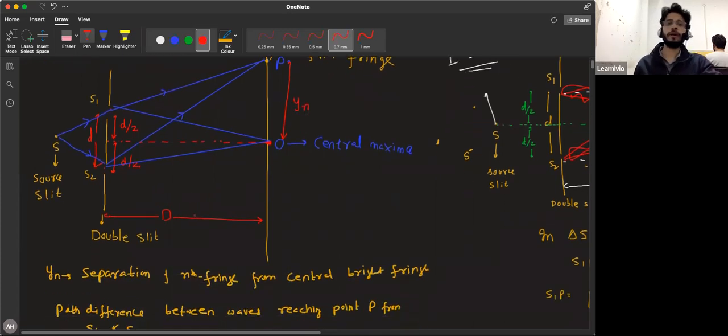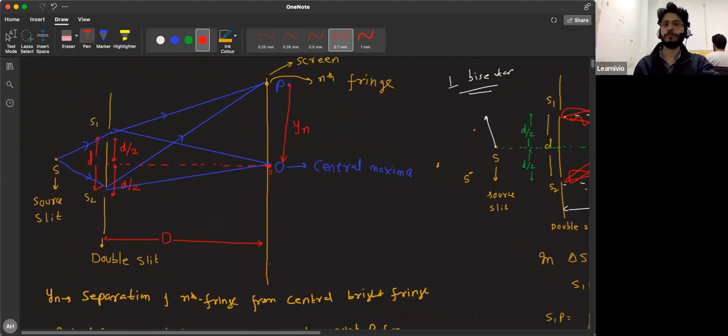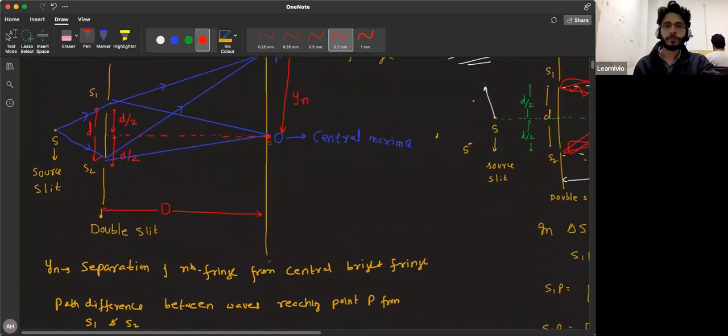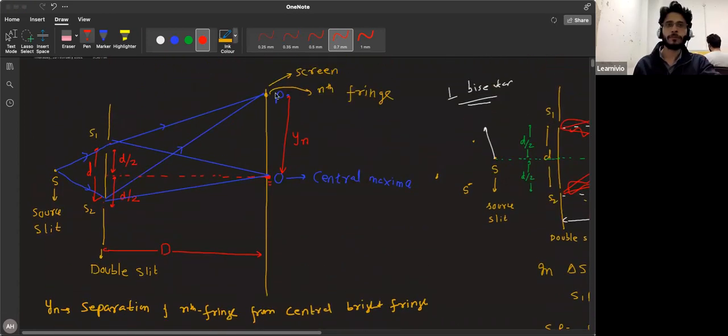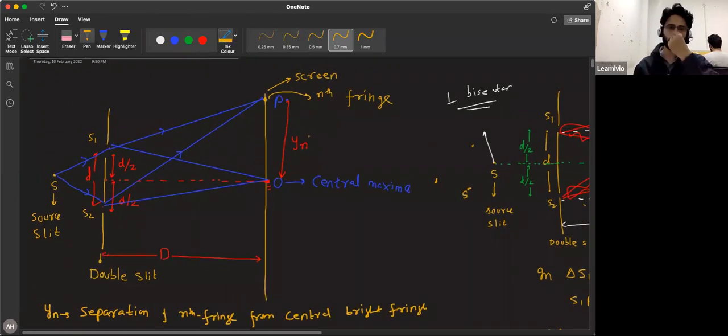So what is Yn? Yn is the separation of the nth fringe from the central bright fringe. From the central bright fringe to the point P, the separation is Yn.